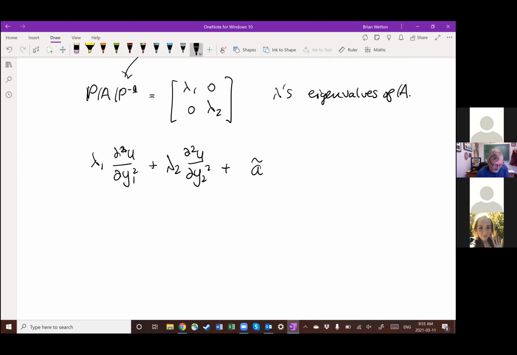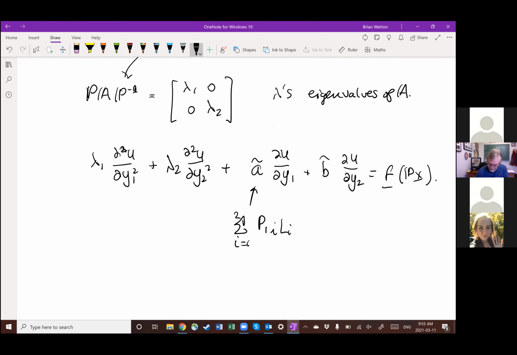And then there are some new coefficients, where these coefficients are just from the change of coordinates. Those are the easy ones. Okay, so let's have a look at this.